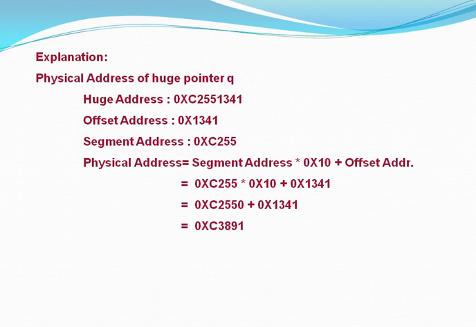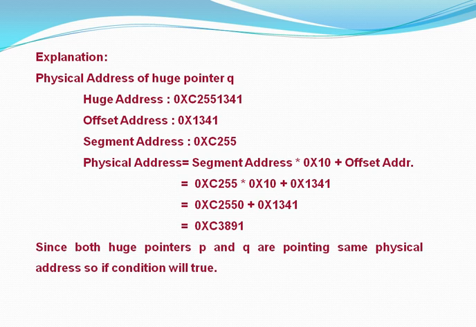So physical address is equal to segment address multiplied by 0x10 plus offset address, equals 0xC255 multiplied by 0x10 plus 0x1341, equals 0xC2550 plus 0x1341. So what is the result? 0xC3891. So the physical addresses of P and Q are both equal. It means you are printing the result as equal. Since both huge pointers P and Q are pointing to the same physical address, the if condition will be true.